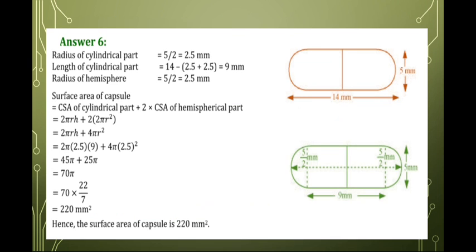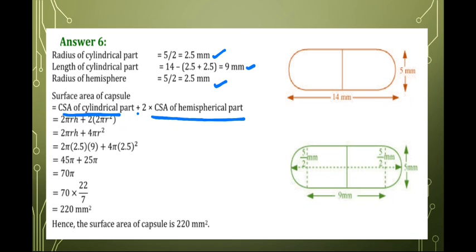So, let us check the solution. Radius of the cylindrical part will be 5 by 2, length of the cylindrical part will be 9 millimeter, radius of the hemisphere is 5 by 2 millimeter. Now, the surface area of the capsule will be the curved surface area of the cylinder plus 2 into the curved surface area of the hemisphere.